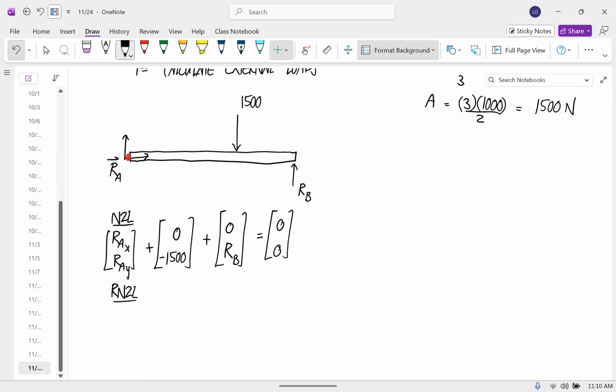For the 1,500, there is a moment arm of 2, a force magnitude of 1,500. Would that make this rotate clockwise or counterclockwise around the about point? Clockwise, so this is negative. And then RB, we have a moment arm of 3, a force of RB. Would that make it rotate clockwise or counterclockwise? Counter, so this is positive.